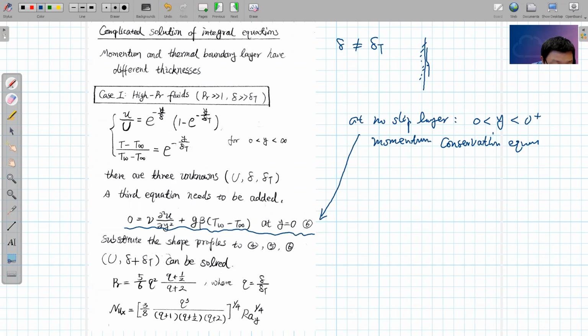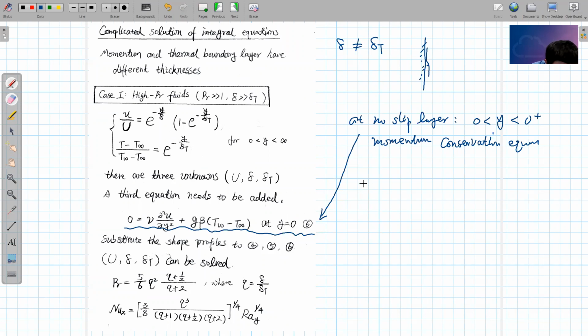Then the three unknowns, u, delta, and delta t, can be solved. Although the procedure to solve for these three values is very tedious, I just give you the results from the textbook.